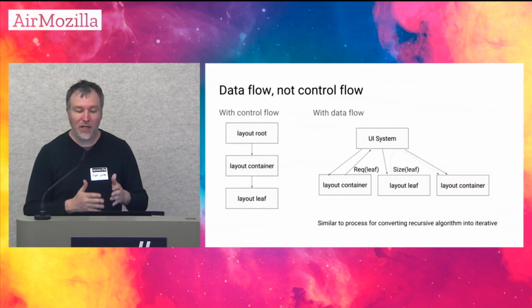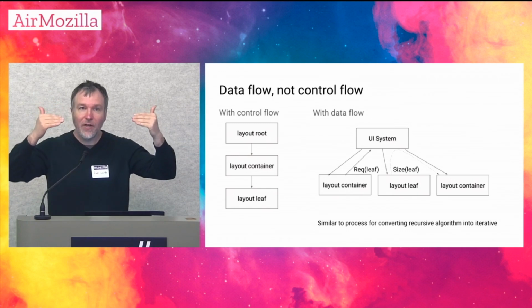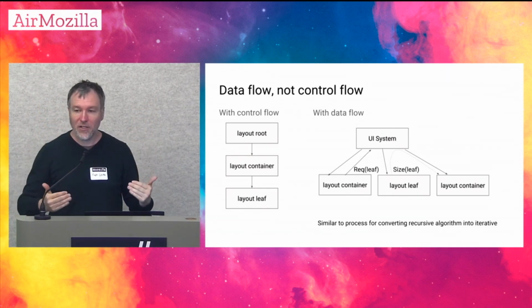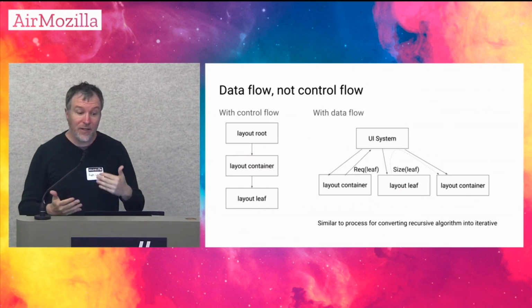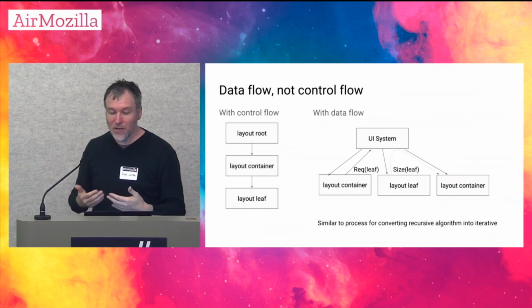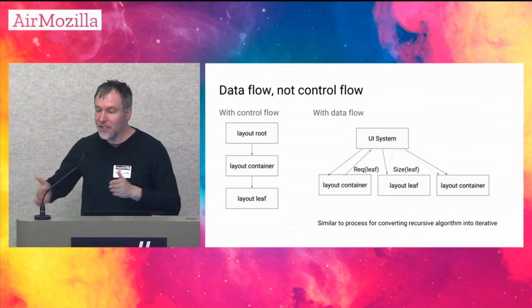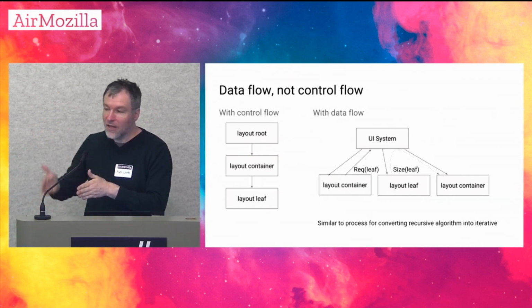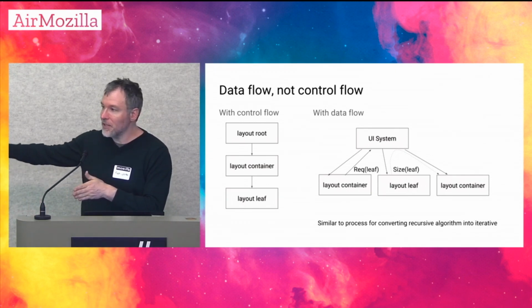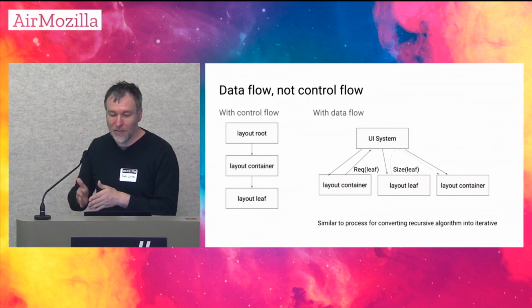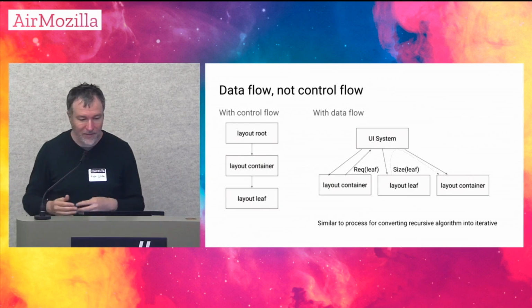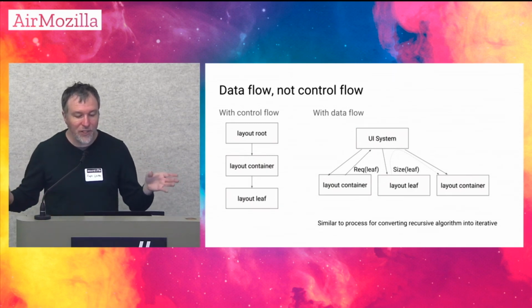Yeah. So in the object-oriented world, you're going deeper and deeper down the call stack with control flow. And in this data-oriented world, you've got this data flow where your system is just repeatedly calling layout on one object at a time in your box of a vector of widgets.